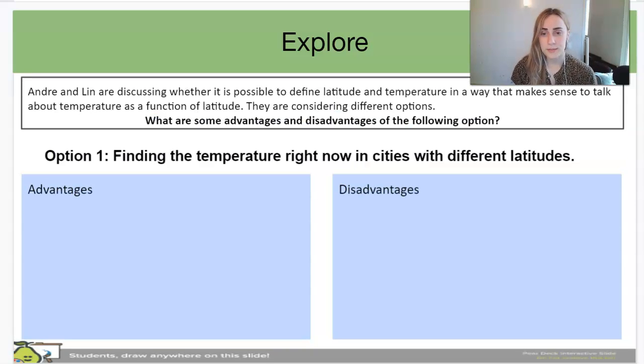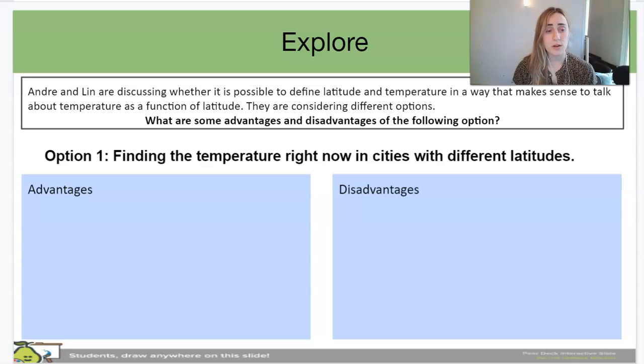So on slide E, we're still thinking about Andre and Lynn's story, and we're imagining they're discussing whether it's possible to define latitude and temperature in a way that makes sense to talk about temperature as a function of latitude. And they are considering different options. So in order for us to really understand these options, let's think back to the definition of a function. So a function assigns exactly one output to each input.